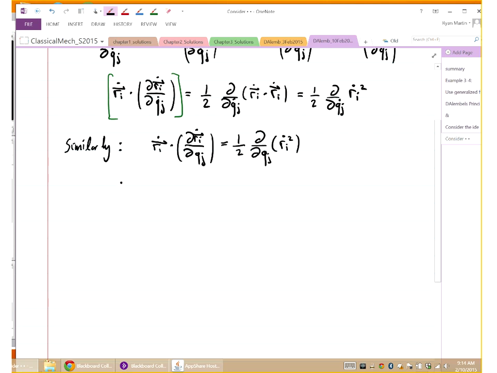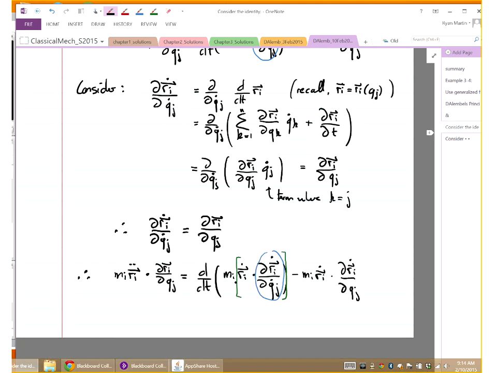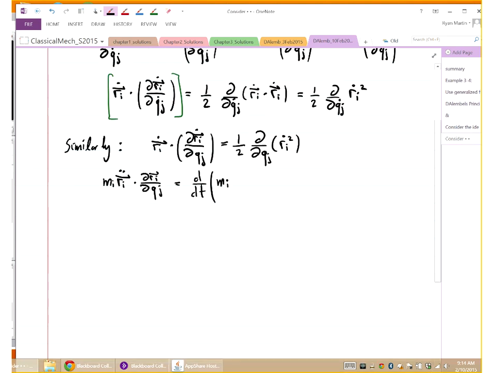That's equal to d/dt of m_i ṙ_i, but now we have this green thing, so I'm going to rewrite the part in green as what we just found.